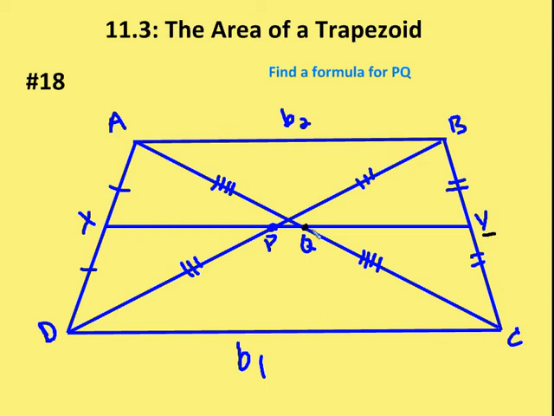Well, I know that the median here is going to be half of base 1 plus base 2. So let me just create another document here so we can write this down. I know that XY, which is the median, is going to be equal to 1/2 of, I'll say, base 2 plus base 1.